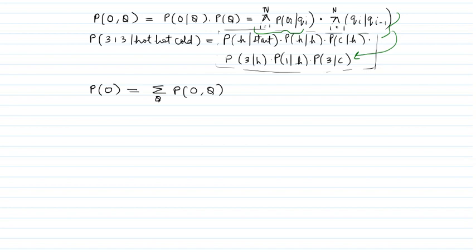That means if I have a probability table of this kind, with these as observations and these as states, summation on Q means we do the summation on this side.